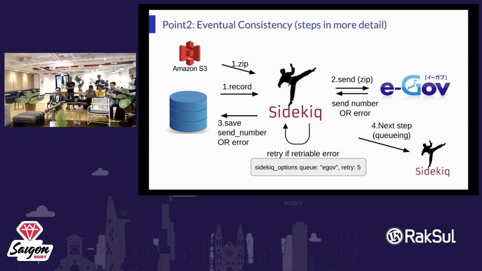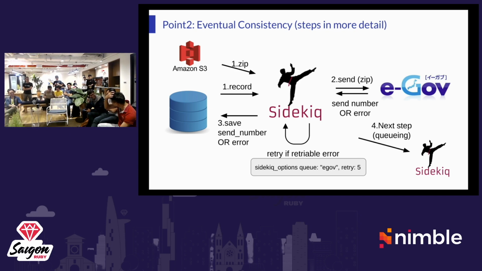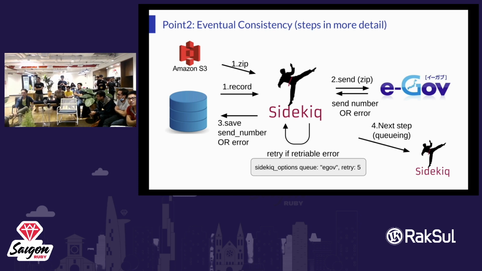I have a question. During job processing, there are some reasons causing the job to fail, the Sidekiq class or Ruby class. How do you handle the error?